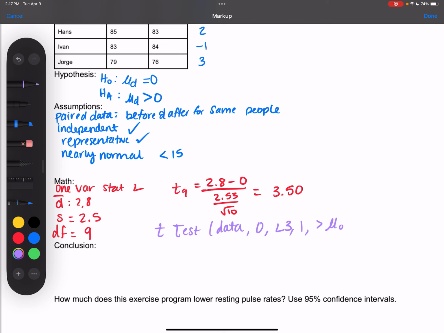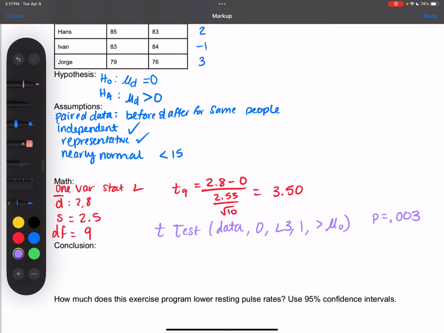And then hit calculate. You're going to see it produce that t value that we already found. What is the p value that comes out of that? 0.003, three decimal places is fine.